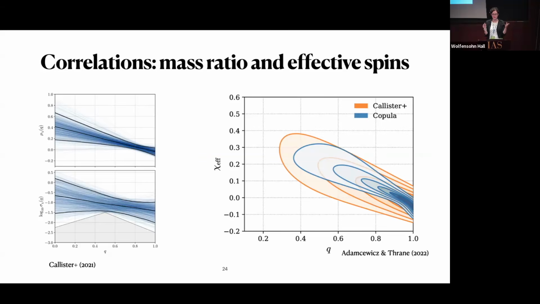From a statistics point of view, that shouldn't happen. But you're right that this population-level correlation is very similar to the correlation that we find for individual events. So in the original paper by Tom Collister and others, they went through so many tests to show that they weren't just picking up on this single-event parameter estimation correlation. But that's a great thing to worry about if you see something like this.